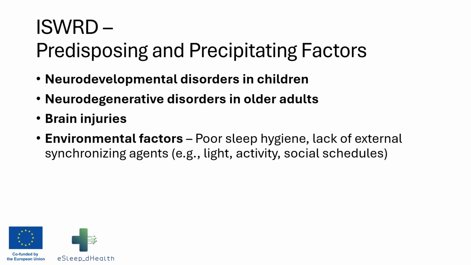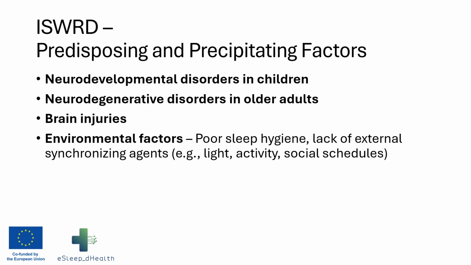There are a number of predisposing and precipitating factors, particularly neurodevelopmental disorders in children, neurodegenerative disorders in older adults, and brain injuries. The reason these may be risk factors is that these conditions may be associated with functional abnormalities in the circadian system or altered melatonin secretion profiles.